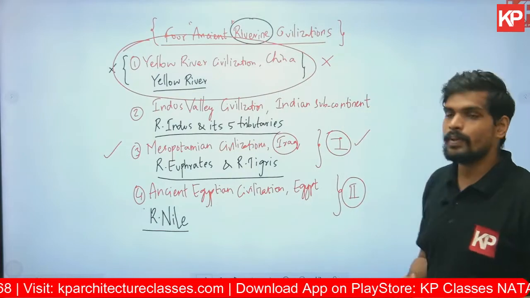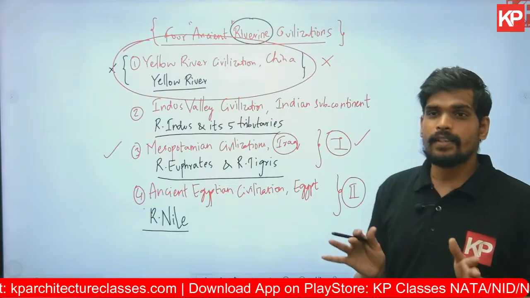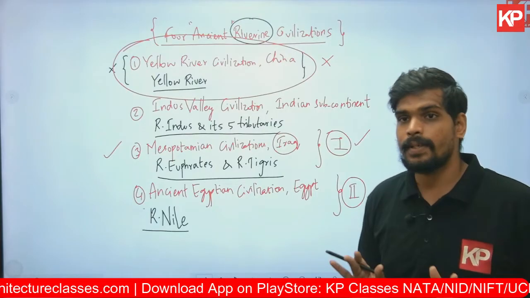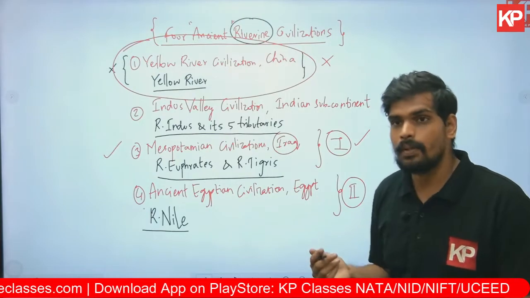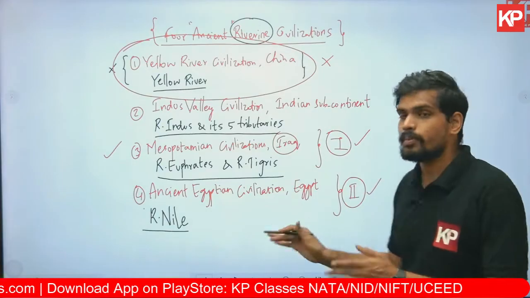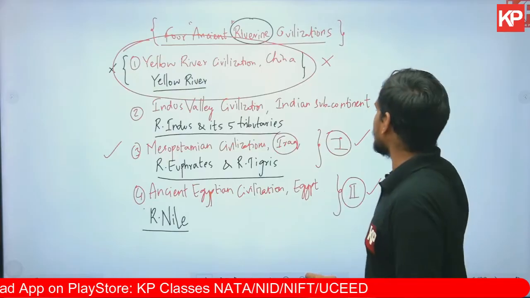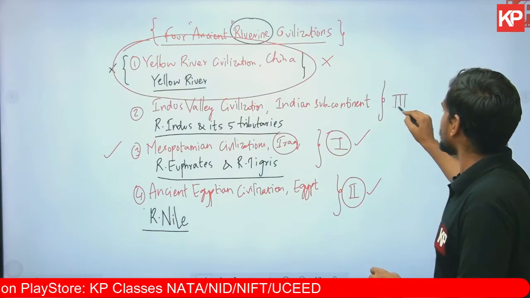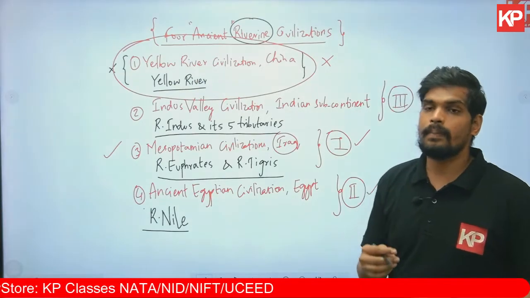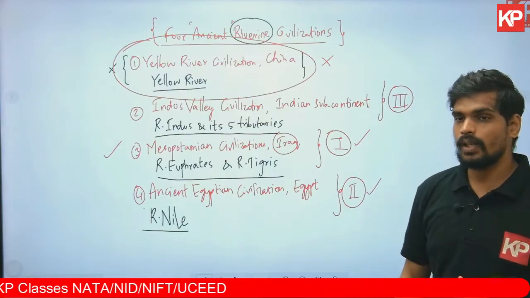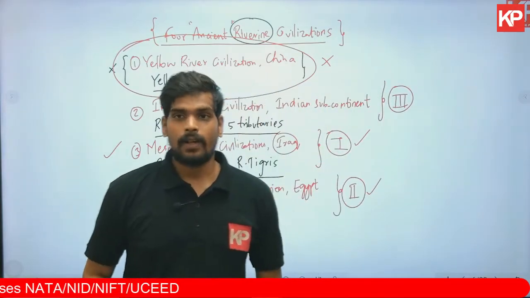So we'll start with Mesopotamian architecture. We'll study some details about Mesopotamian civilization, some details to be remembered about it, important buildings of it. Then we will look into Egyptian civilization, some important characteristics of it, some important buildings under it. And then thirdly, we will look into the Indus Valley civilization and some important buildings and material used in that particular time. So that is how we are going about it.